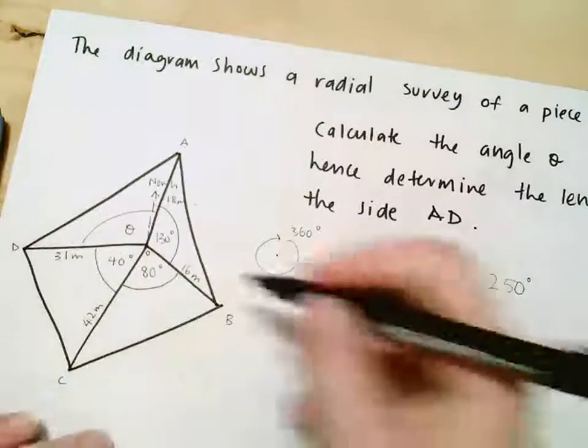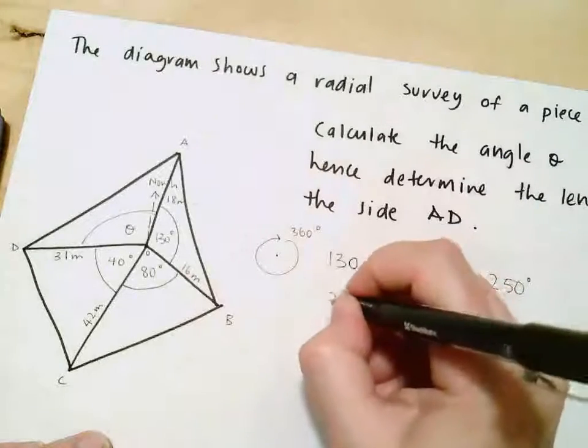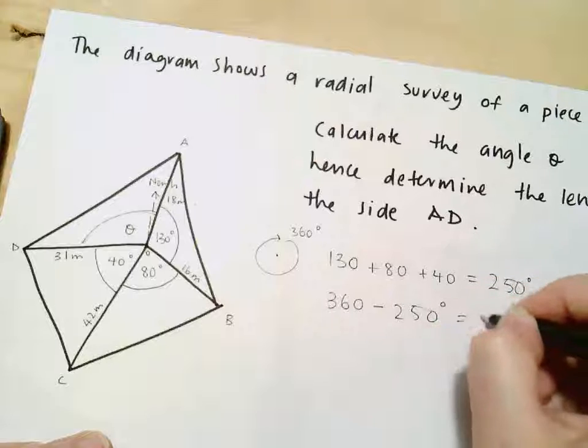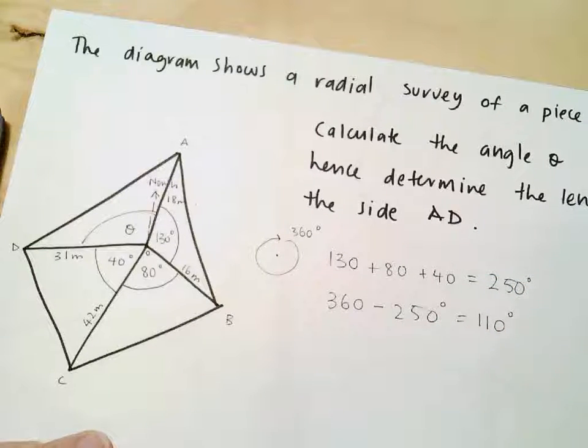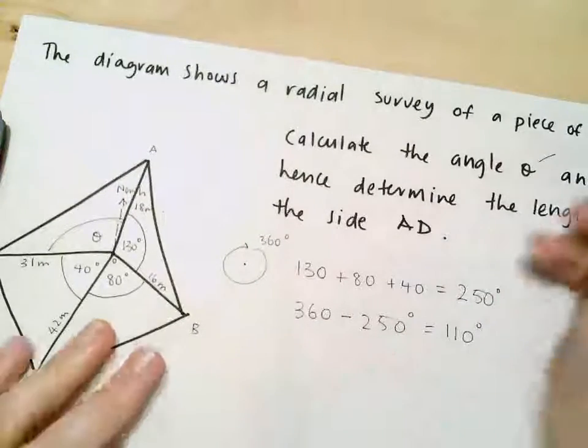So then I'd say, okay, what must this theta be if it needs to all add up to 360? So you're going to say 360 minus 250, and of course that gives you 110 degrees. So there's my theta, 110 degrees.